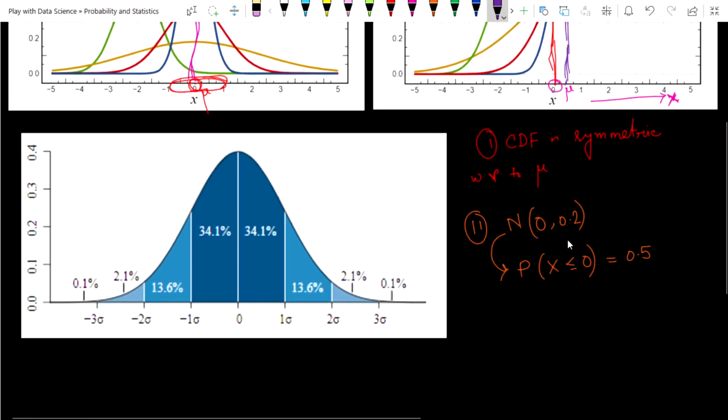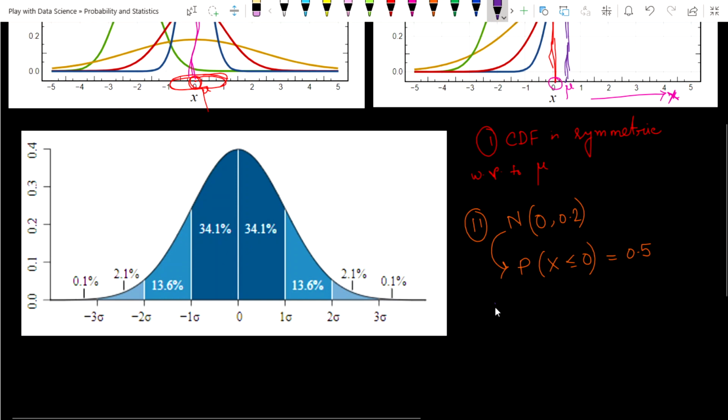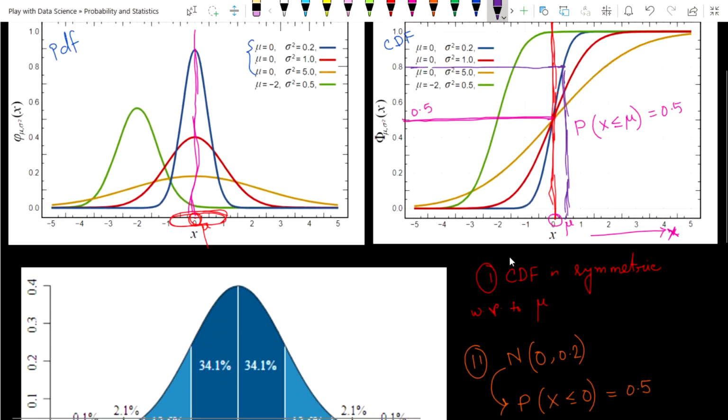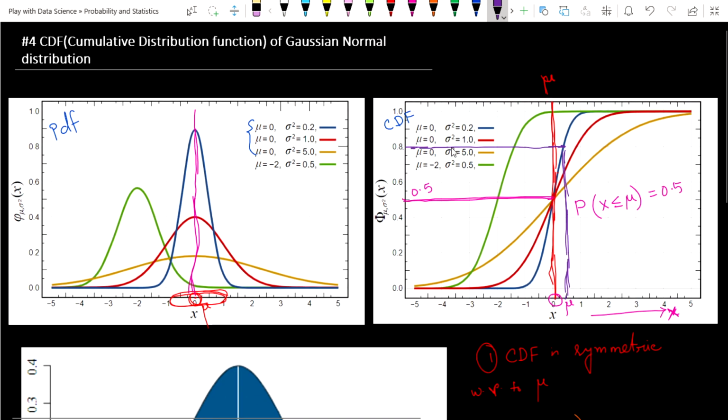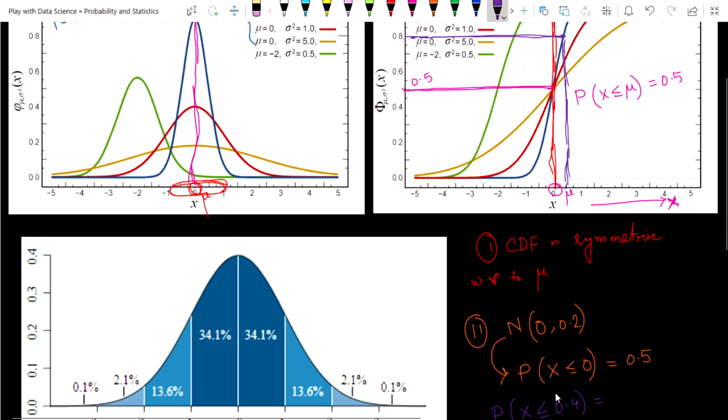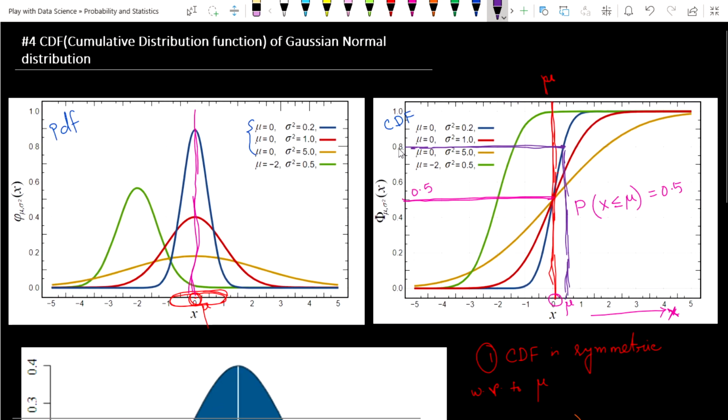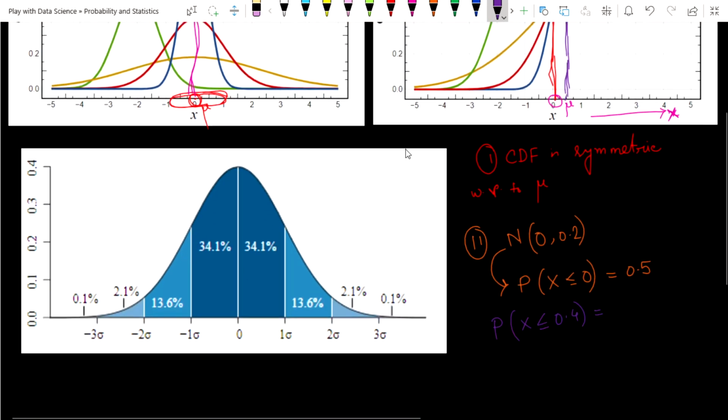From this data set we can conclude that if x is less than or equal to 0.4, the probability will be how much of the points we have acquired in this range. If the random variable is less than this point, the value is 0.8, so the probability will be 0.8.